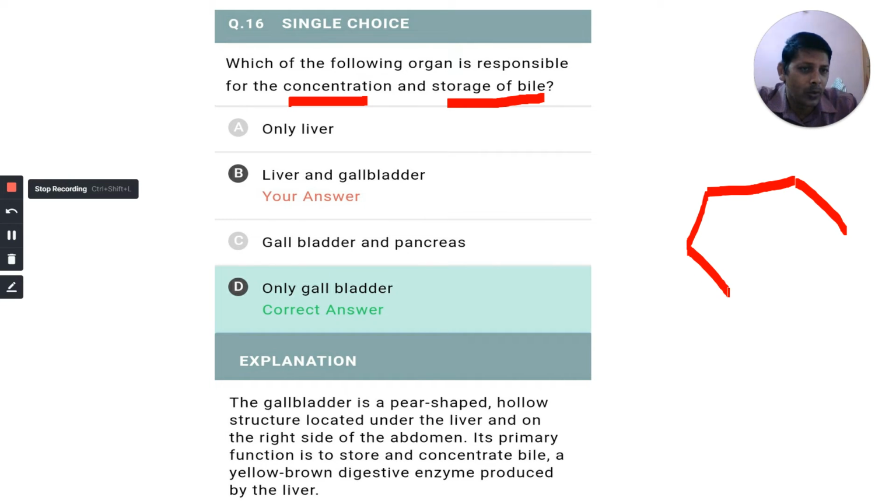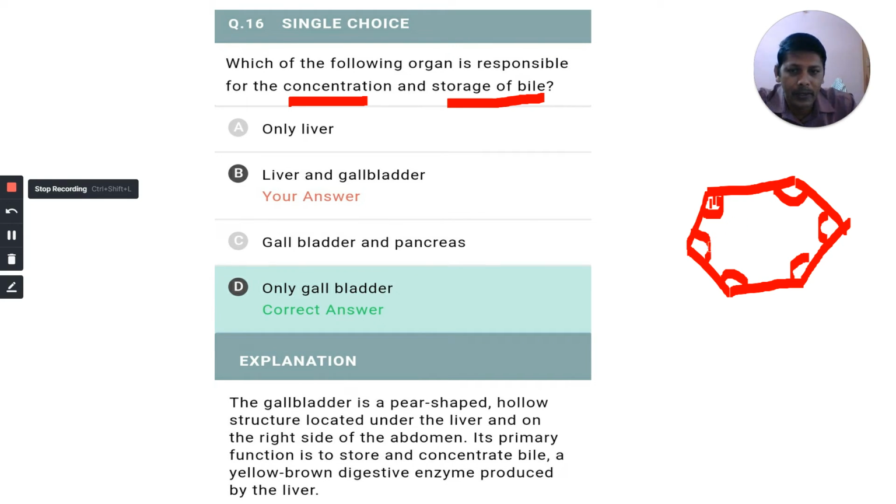Hexagonal hepatic lobules are the structural and functional units of the liver. In each corner there is a portal triad consisting of a branch of the hepatic portal vein, a branch of the hepatic artery, and a ductule of the bile duct.